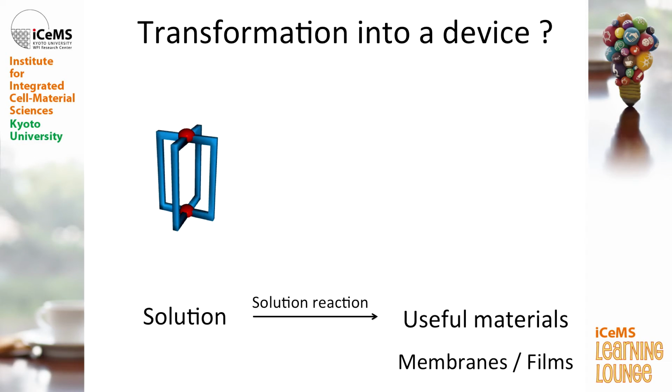So this is very important for integration, but there is something else that you can do with these molecules. This is not dealing with integration, but directly using the solution to transform your material into something you can use. In other words, we want to make a reaction solution to directly have a material that we can touch and use, such as membranes or films, without any other support.